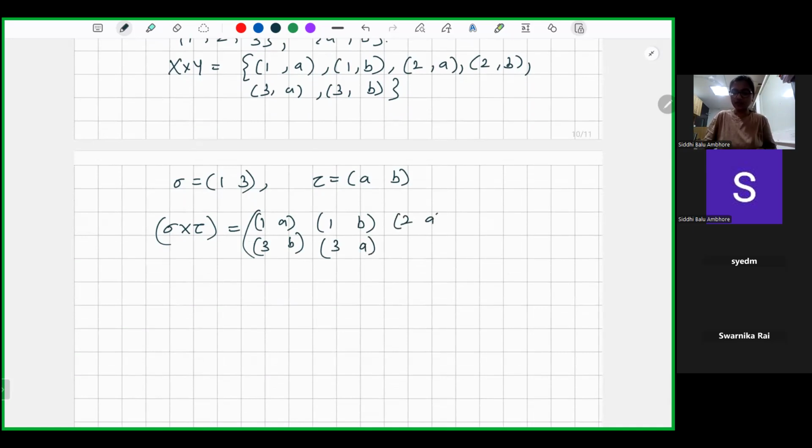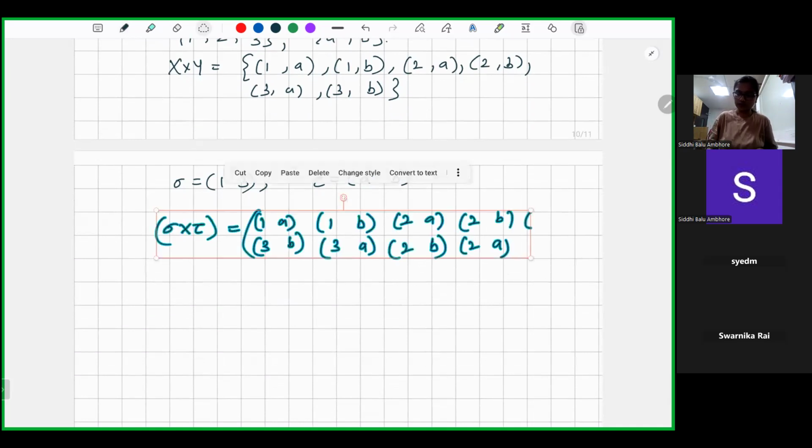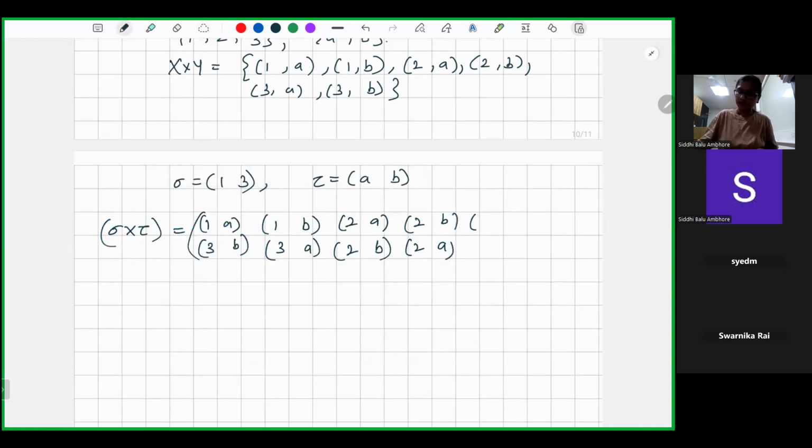Now 2a: 2 is fixed, so it goes to 2, and a goes to b. 2b goes to 2a. Now 3a goes to 1b and 3b goes to 1a. Okay, this is my permutation sigma cross tau.